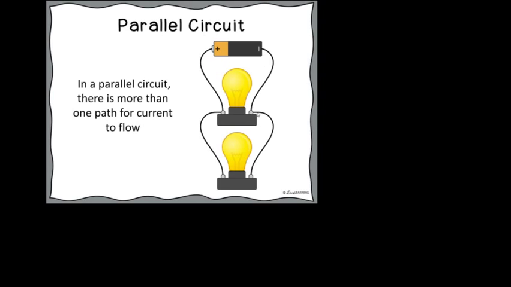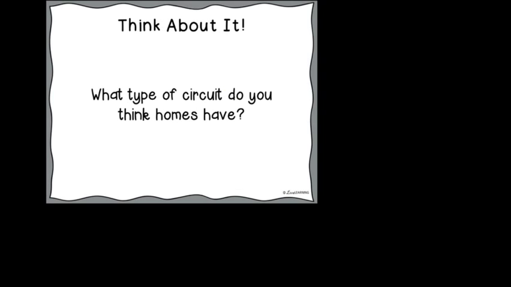But some of them are going to go through the alternate pathway, go through the second bulb, which is still working, and follow that alternate pathway back to the positive side of the battery. So, thinking about it that way, what type of circuits do you think your home has?